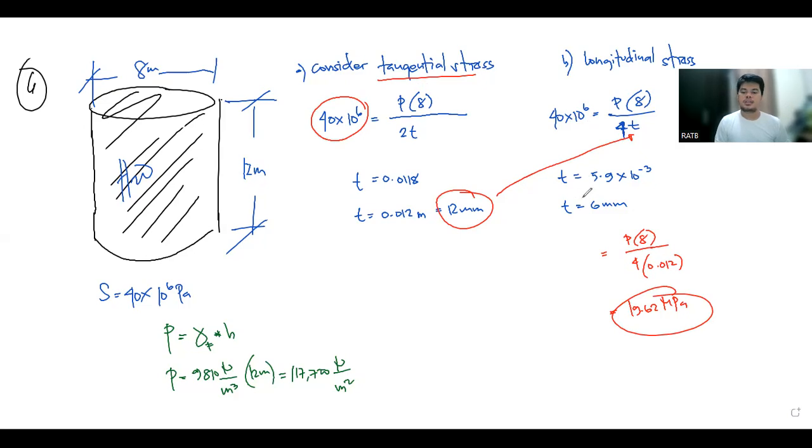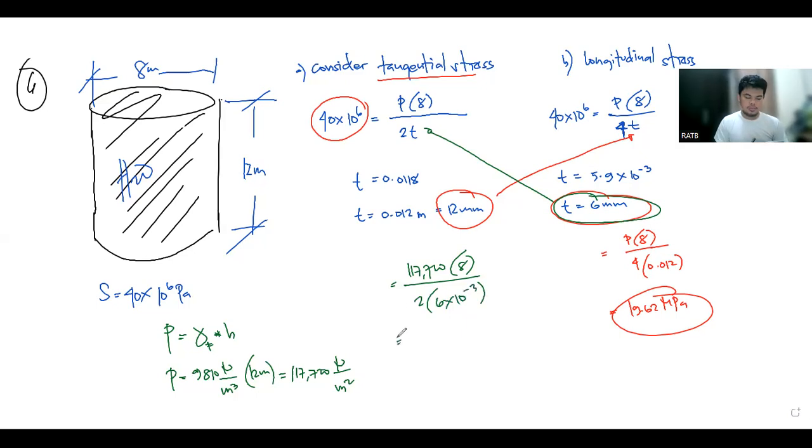But let's say the thickness is 6 mm. If we substitute it here, you will have internal pressure 117,720 times 8 divided by 2 times 6 times 10 to the power of negative 3.